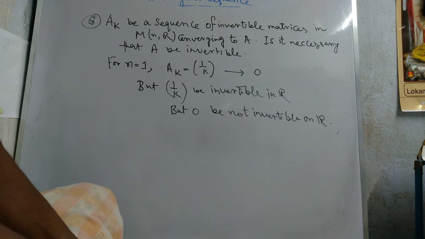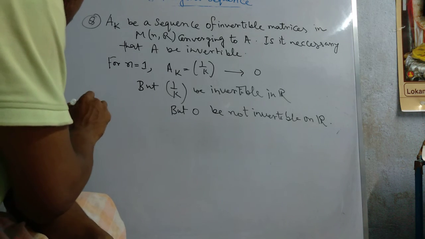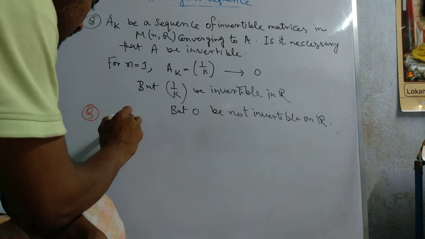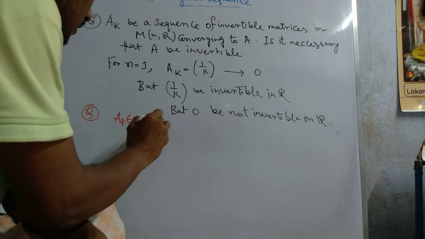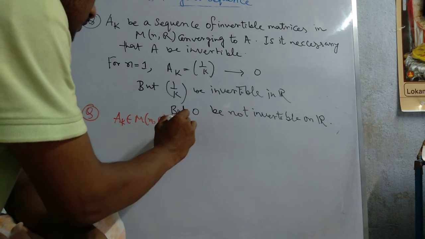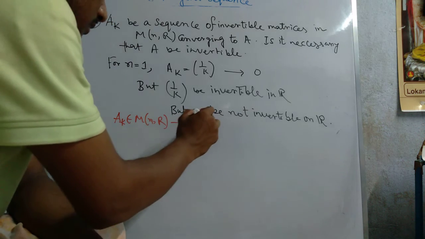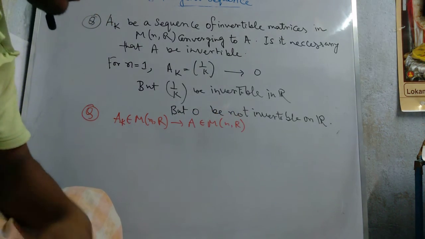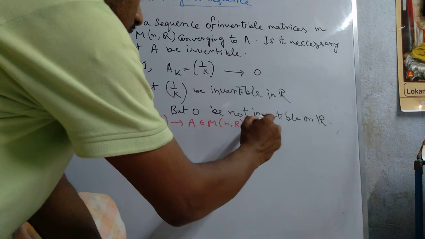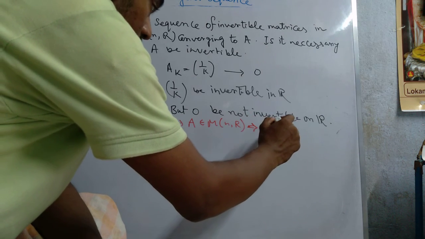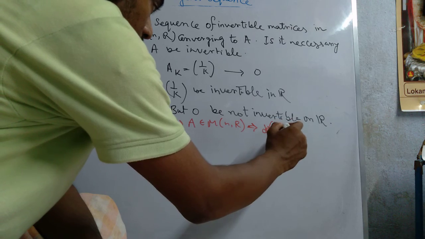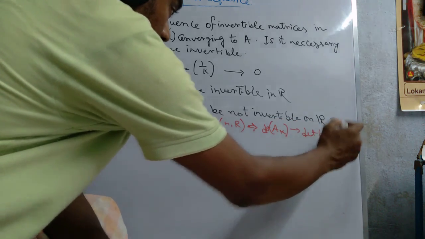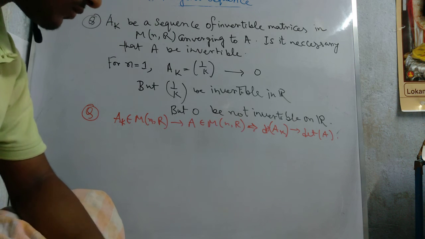Next we go to another problem. This problem is: Ak belongs to M_n(R) converges to A belongs to M_n(R). This implies that det of Ak converges to det of A. How can it be possible?